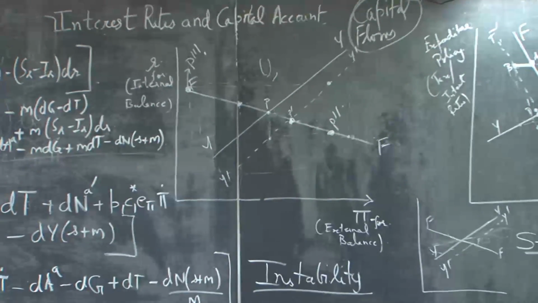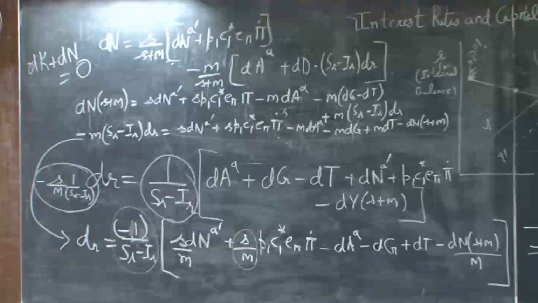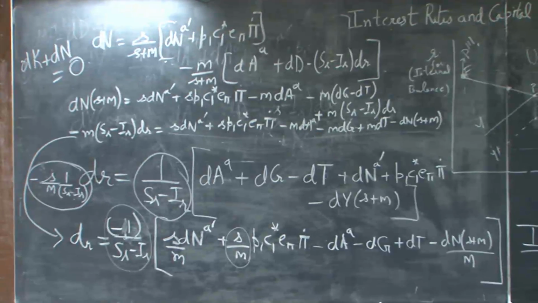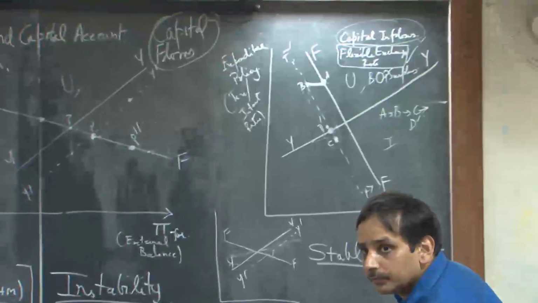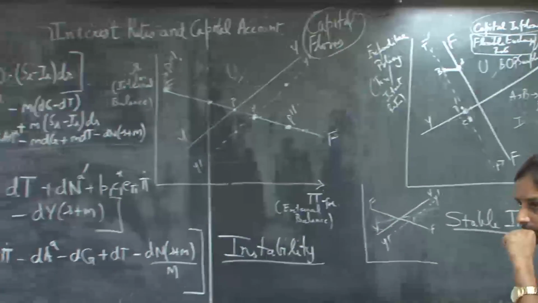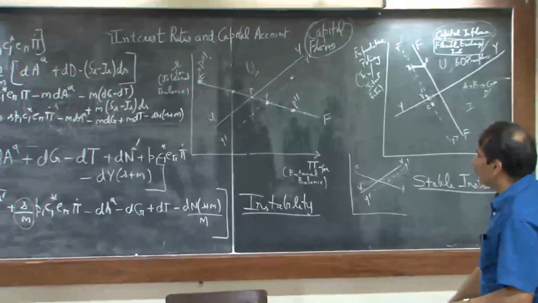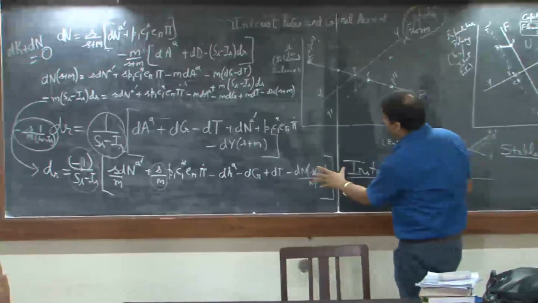It's an open economy where MPM is greater than MPS, and because it's an open economy, we have brought in the capital flows. But we have not considered the capital flow effect. It is just that you are saying it is an open economy, that's where the curve is, the slope is.